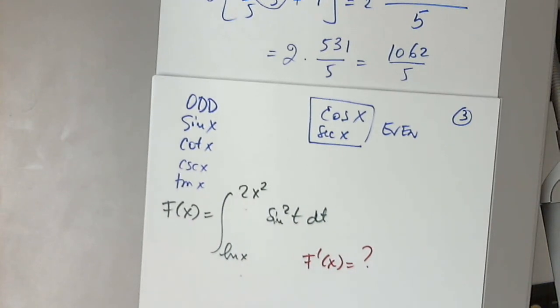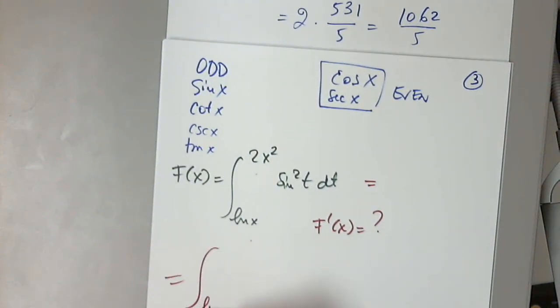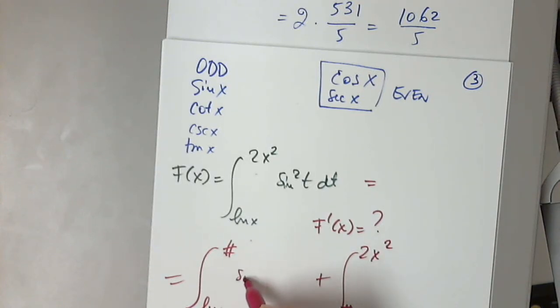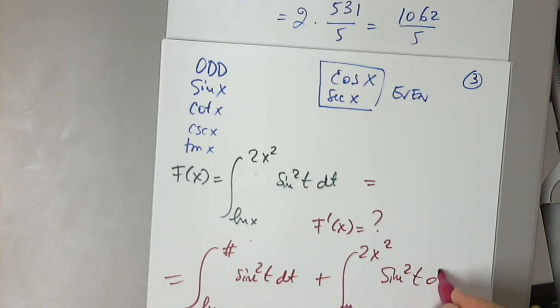But this is not ready for differentiation. So what do I have to do first? Yes, break it up into two pieces. Very good. The integral from natural log x to whatever, plus the integral from that whatever to 2x of sine squared t dt.